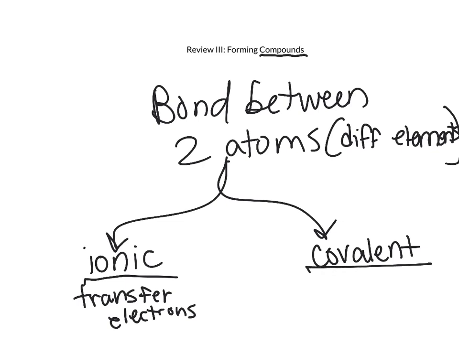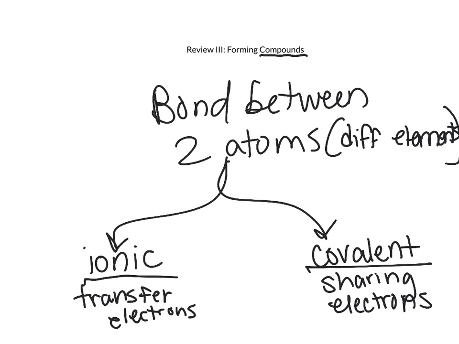Whereas in covalent, you're going to have sharing of electrons. So that is the main difference here. Make sure you know what is happening in terms of electrons specifically.